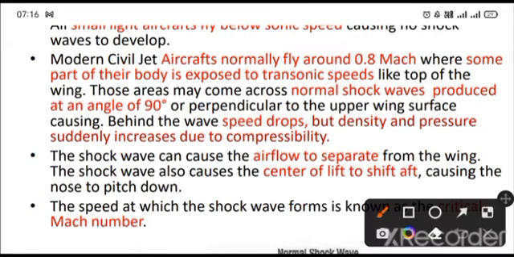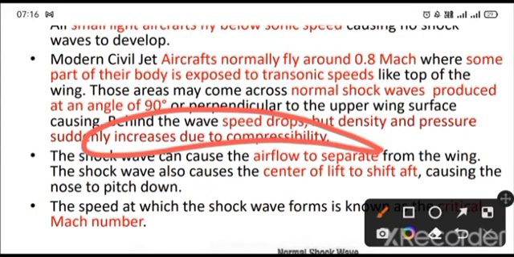Why? Imagine there is this wing surface, and we know that at this point the speed increases as per Bernoulli's theorem and the pressure decreases, right? Whenever the air is flowing over the aircraft structure, at this point the speed increases and the pressure decreases.